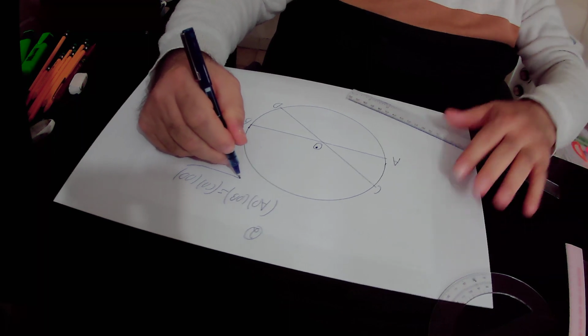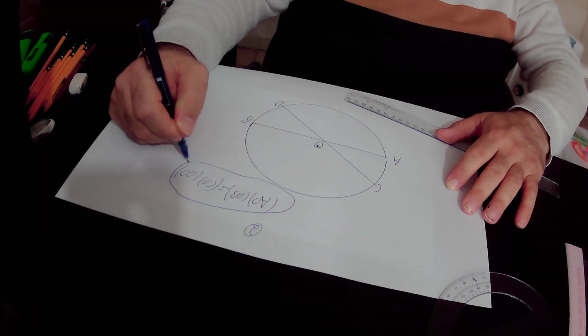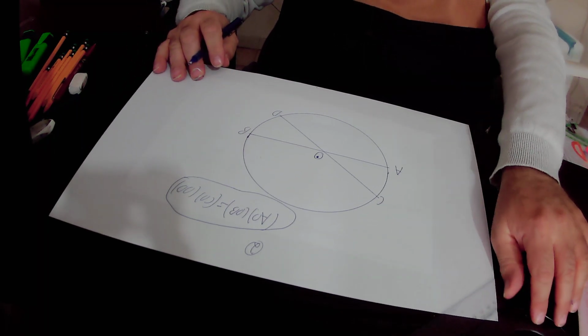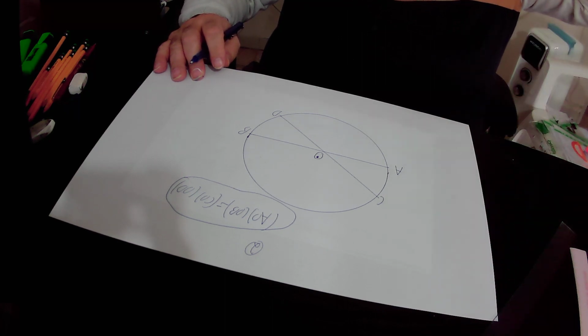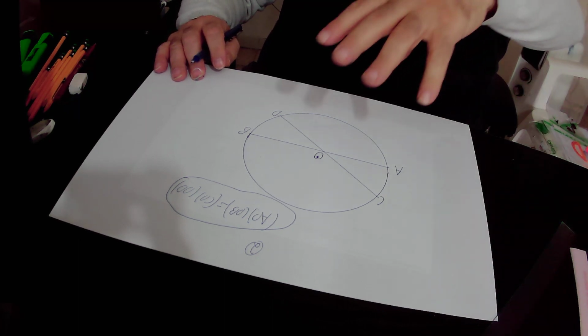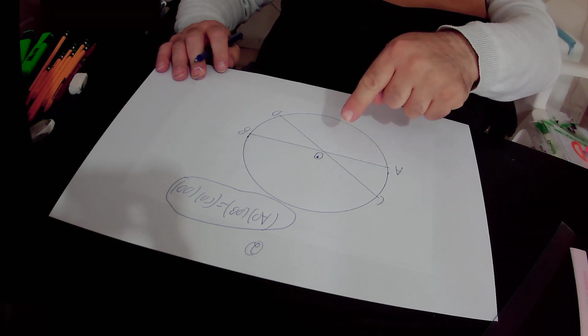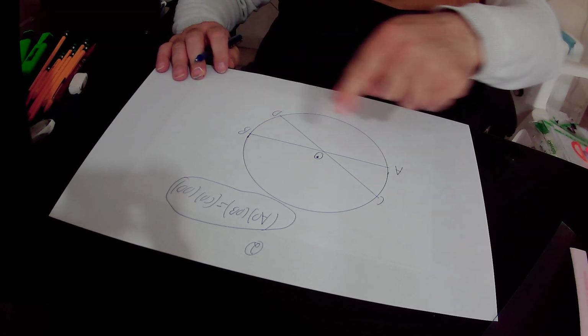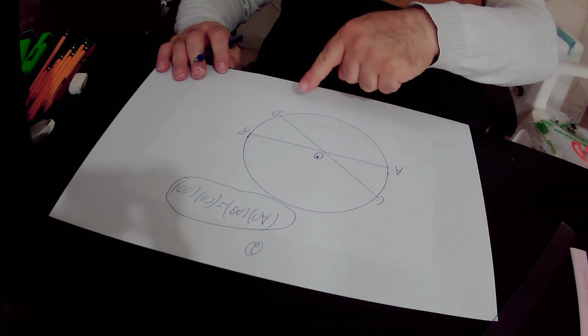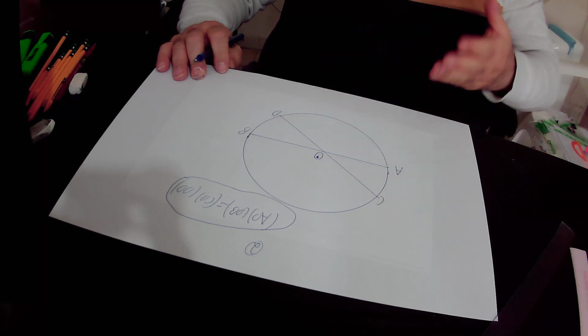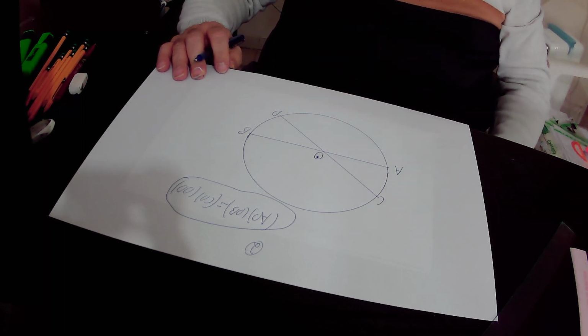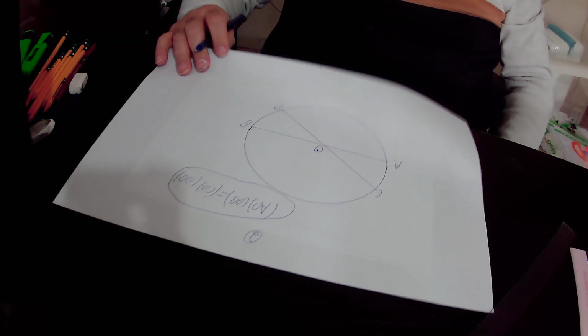Okay, so whenever you have two chords that intersect with each other inside the circle, then the following equation is true, that AO times OB equals CO times OD. We will implement this rule in our drawing.